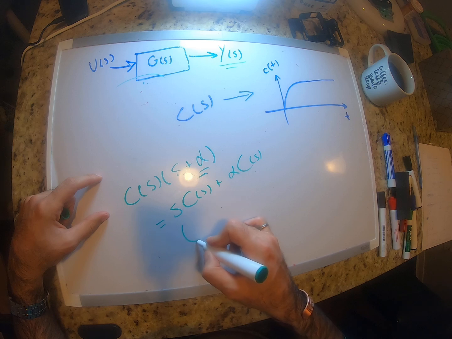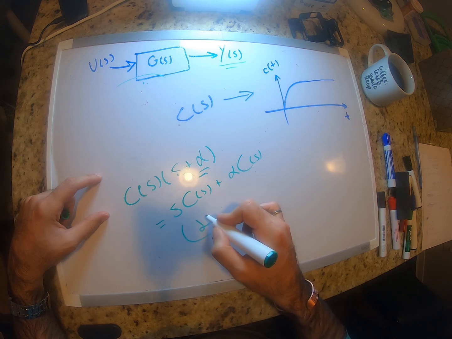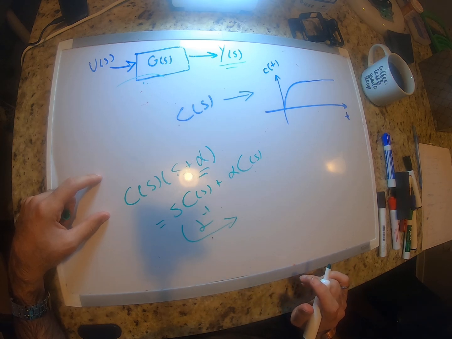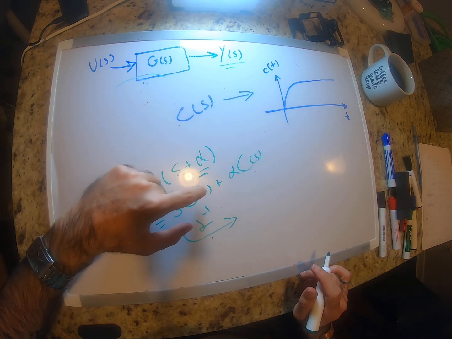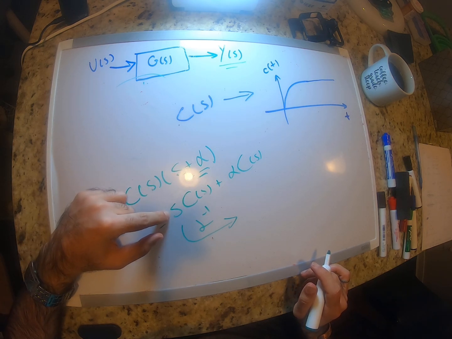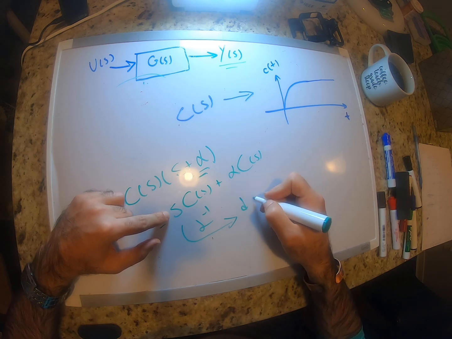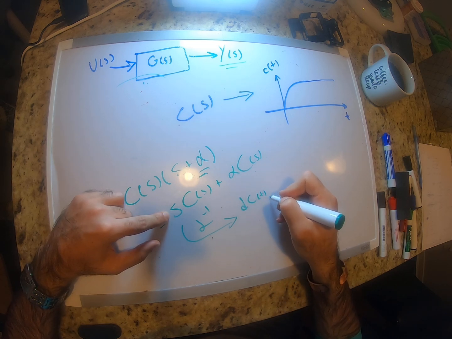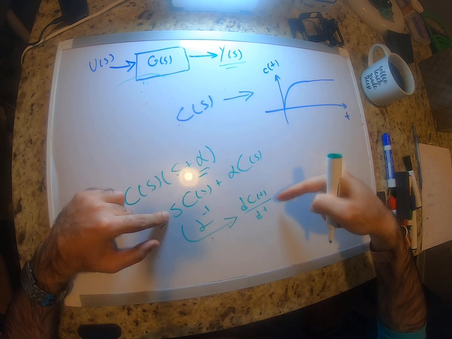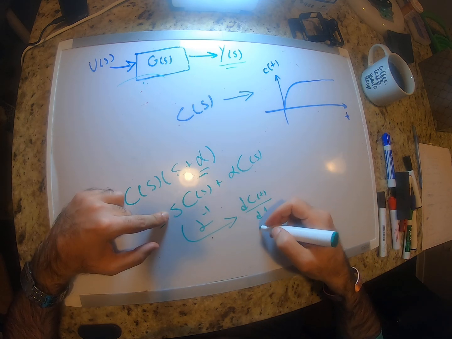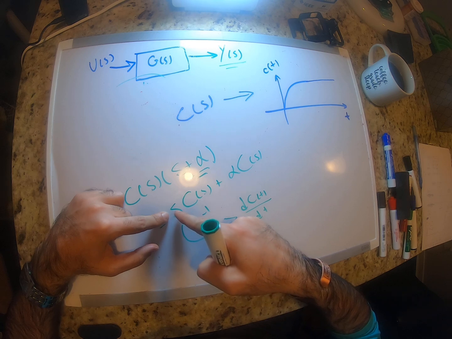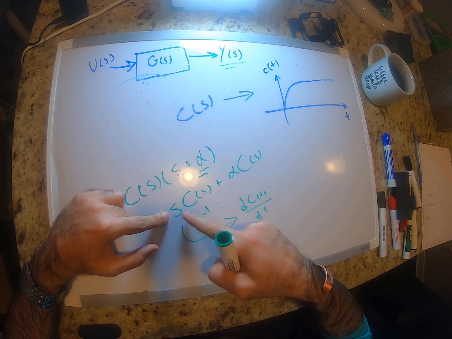Now, what happens if I take the inverse Laplace transform of this one? S C of s, if I take the inverse Laplace transform of this, is the same as dc of t dt, right? We did the opposite thing before: when we have a derivative and take the Laplace transform, it becomes s C of s.